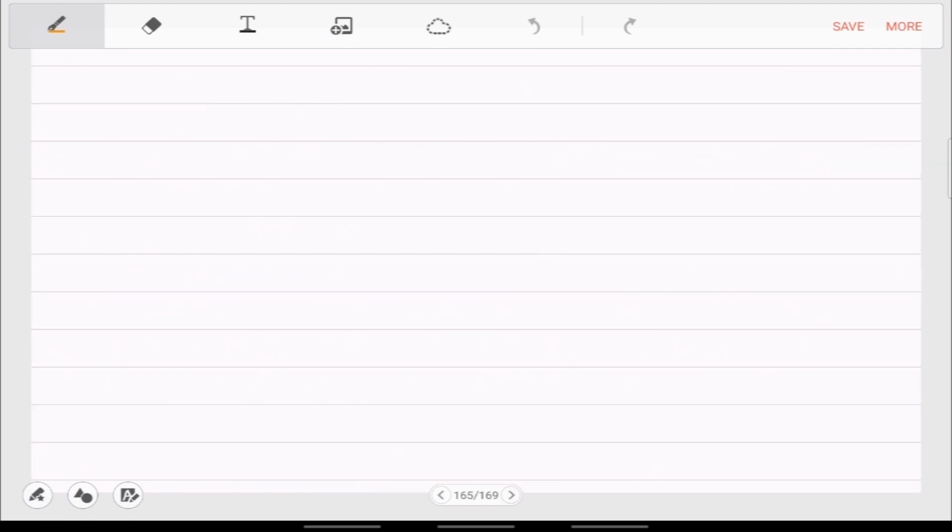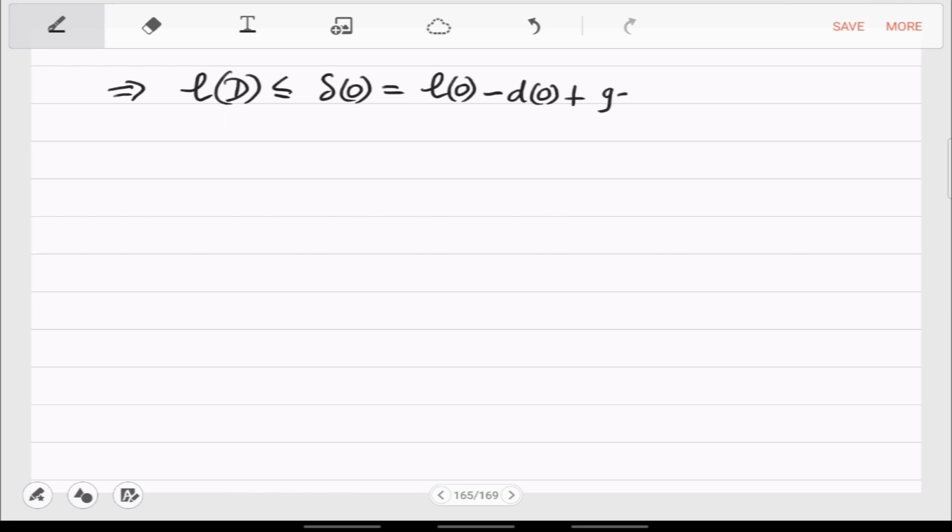So let's continue this. This means that L(D) is less than or equal to delta 0, which is equal to L0 minus D0 plus G minus 1, that's the definition of delta, which is just G. We are interested in the degree of the divisor, right?